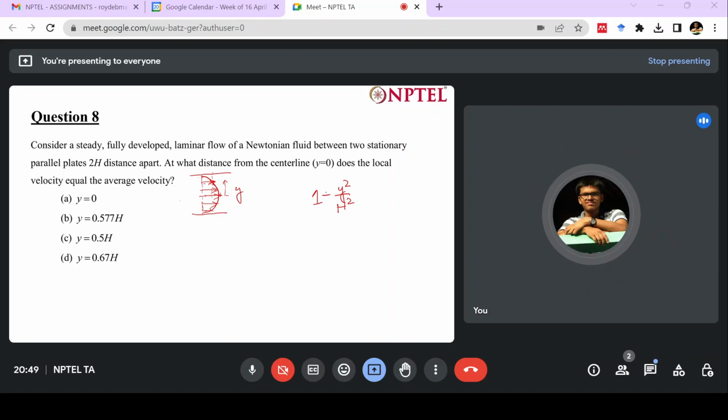But at 0, my velocity is maximum. So I can multiply with the center line velocity, which I can assume as u0. So this is my velocity profile, the parabolic profile that I will expect when a pressure-driven flow is applied between two parallel plates with width of 2h.